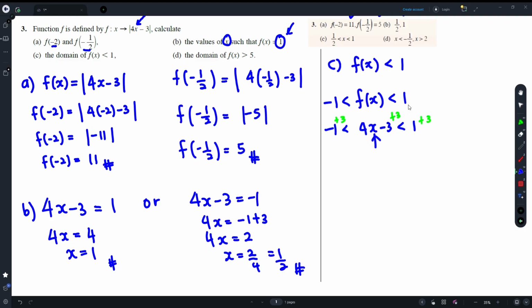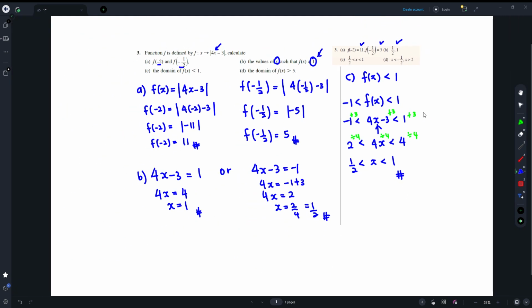So negative 1 plus 3 becomes 2, less than 4x, less than 4. The next step is to divide by 4 for every term so that x is a single subject. So it becomes 2 over 4, which is 1 over 2, less than x, less than 1. That is the solution for part C.